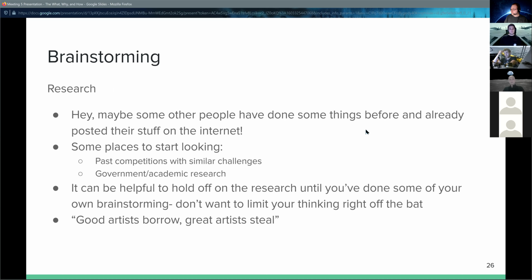The internet is a wonderful place, and there are a lot of designs that you can find in various places, different robotics competitions. Sometimes government and academic research can be good. We've gotten some good stuff from there. That quote at the bottom, basically just if you find something cool, don't just copy it, figure out what makes it tick, play around with it a little bit, and then make it your own.